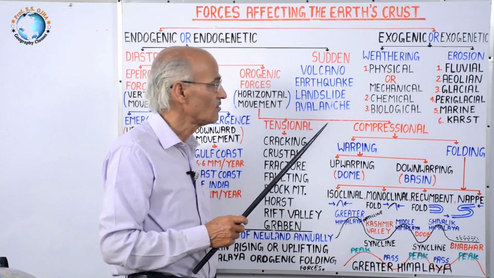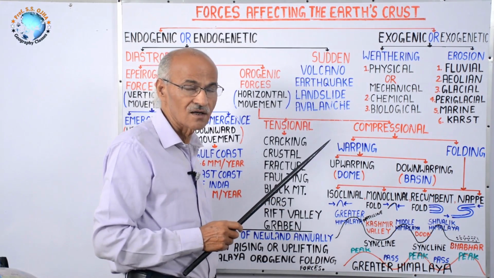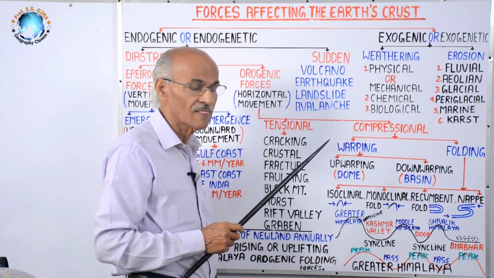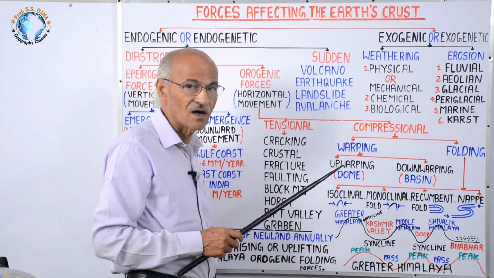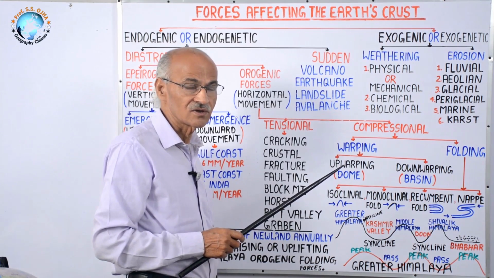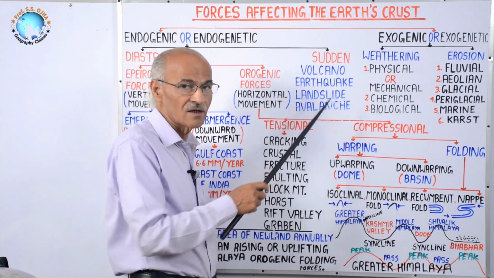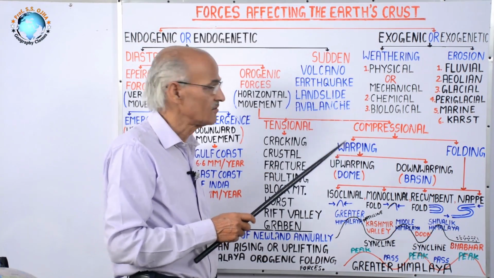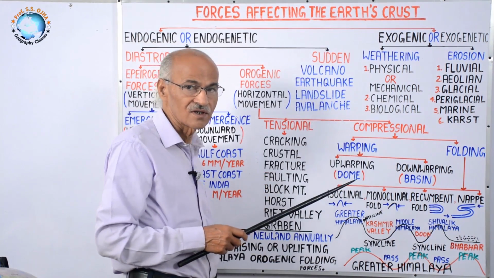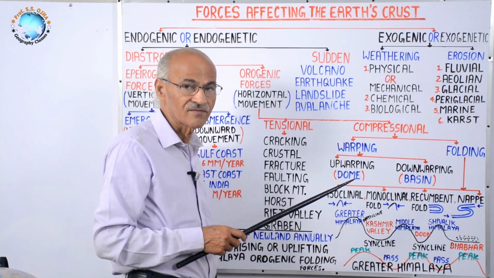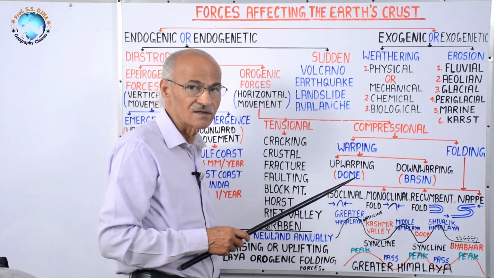But here there should be one doubt: volcanoes and earthquakes are surely endogenic, while landslides and avalanches are caused by exogenic forces, because during the rainy season, when the rocks are hydrated with water, and during the winter season, when there is a maximum amount of snowfall, then avalanches and landslides occur.